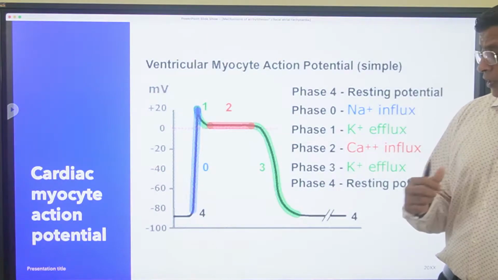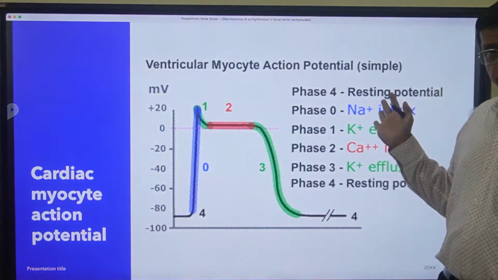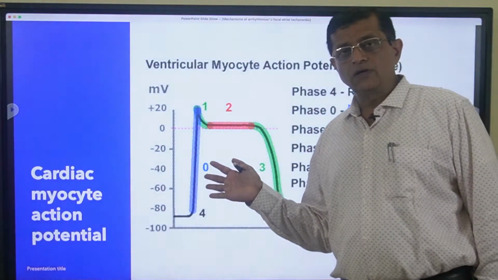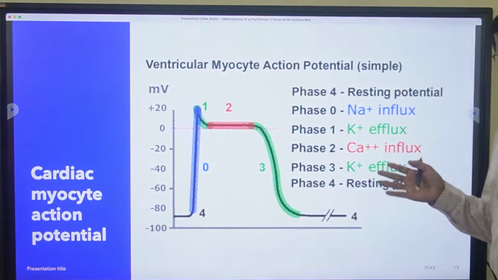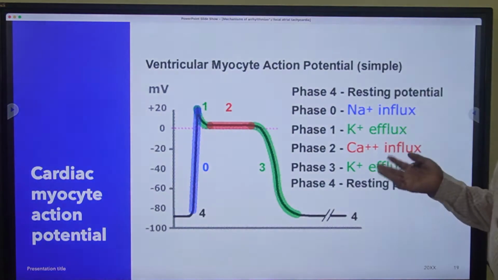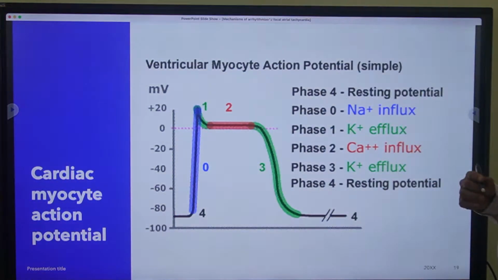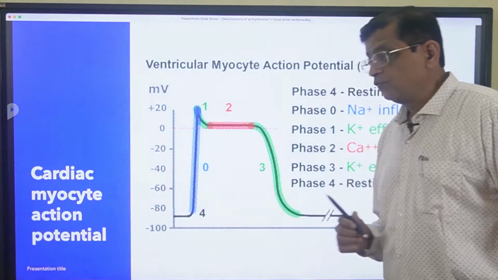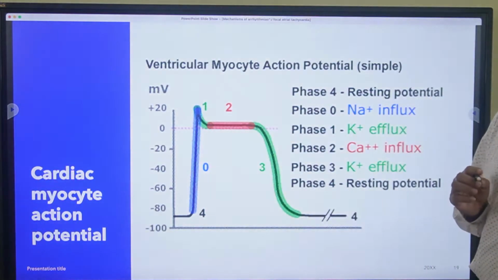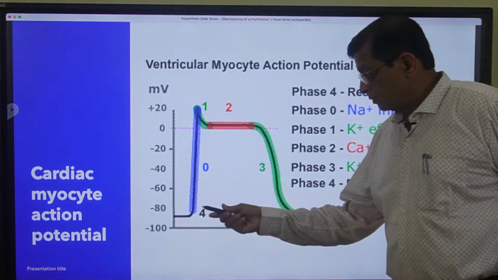In this cardiac action potential, we have simplified it so that it is easy to understand, and we have reduced the number of channels, but there are many more channels which are not mentioned here. But for all practical purposes, we have phase 4, which is the resting membrane potential.